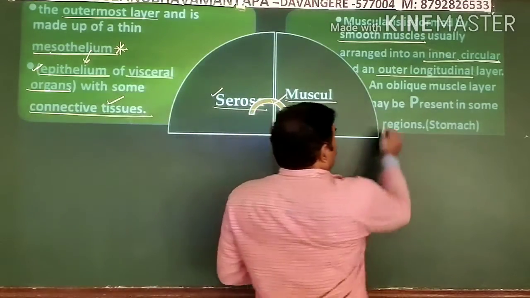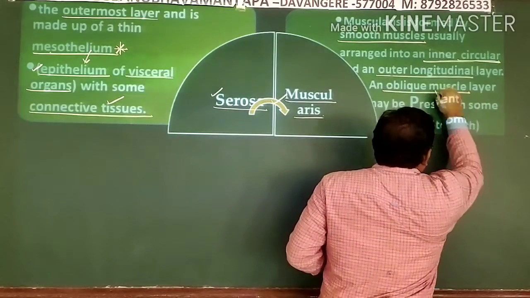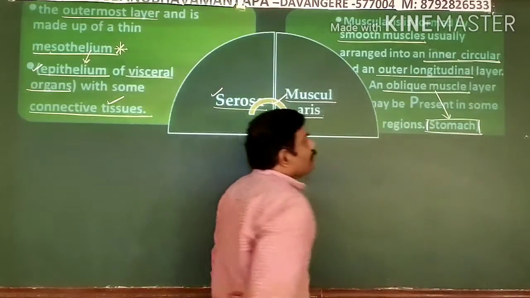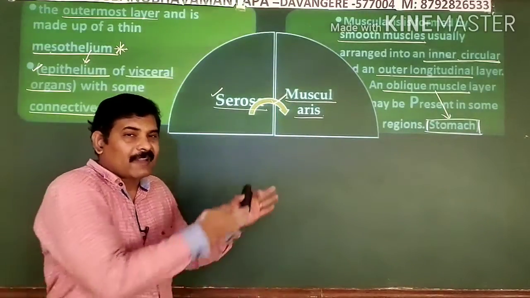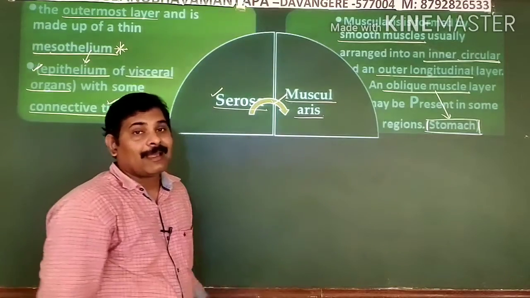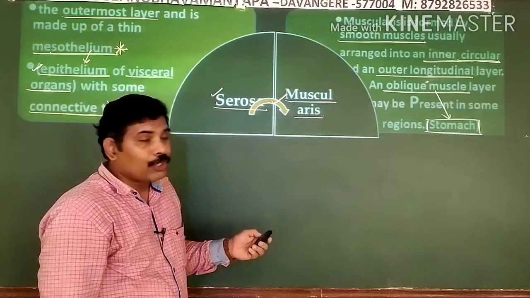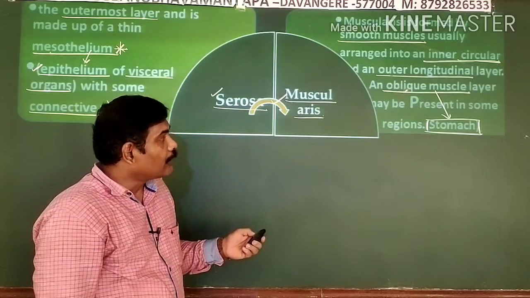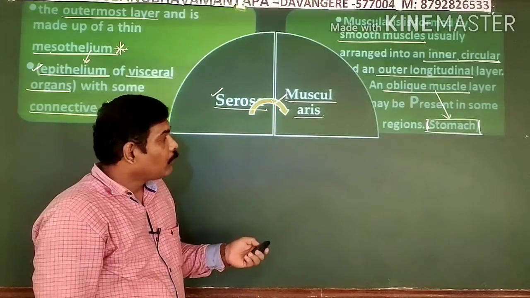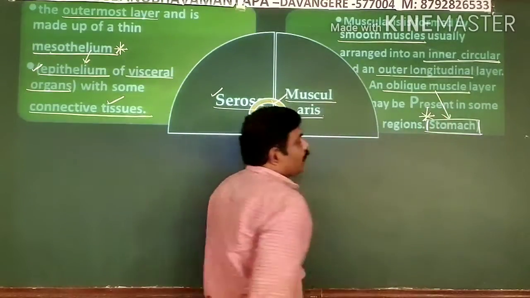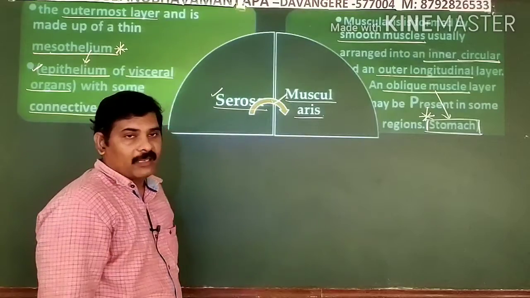In some places, oblique muscles are also present, in organs like the stomach. In the region of the stomach, along with the circular muscles as well as the longitudinal muscles, you can see the oblique muscles also. Important bit, right? So this is about the muscularis.